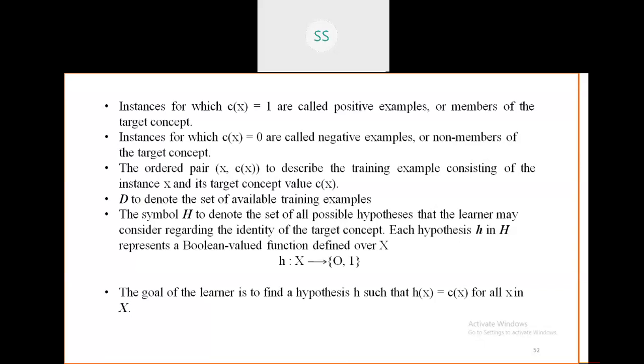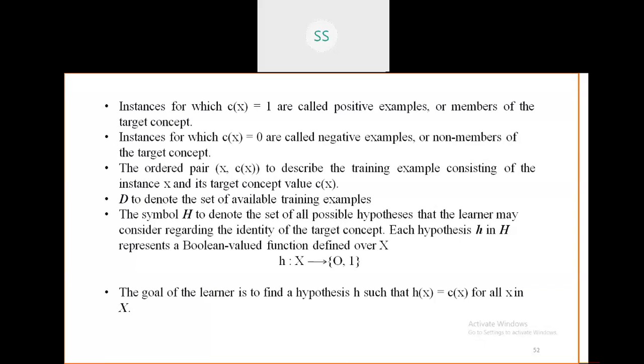Each hypothesis h, picked from the set of all possible hypotheses capital H, represents a Boolean-valued function defined over x. You take one hypothesis from H, and we decide which item has been chosen, whether you are going to choose that particular instance or not.